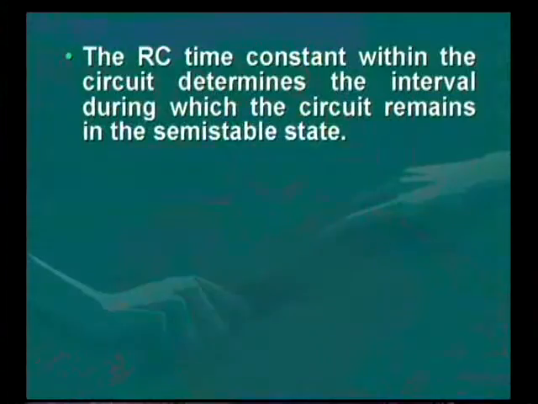When we apply some external signal, it switches into another state, and within this second state it can remain only for a fixed interval of time, which is decided by the time constant elements such as R and C used in the circuit. After the lapse of this time interval, the output switches back into its stable state.